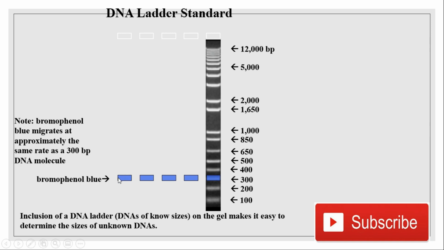So when we compare our samples, either PCR product or DNA, we can match the size with the ladder. At the end we can say that our size is 300 base pair for DNA or for PCR product.